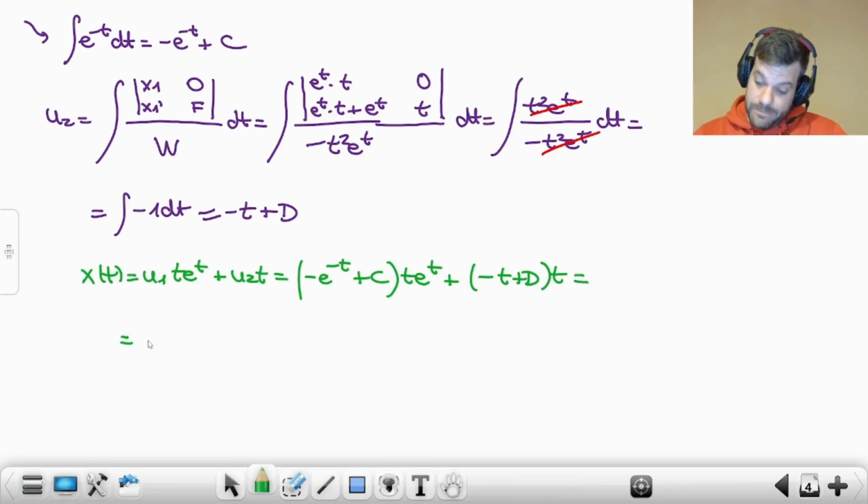Multiply this times this, the exponentials cancel, so it's just minus t, this times this, plus constant times t times exponential of t, this times this, minus t squared, and this times this, plus dt.